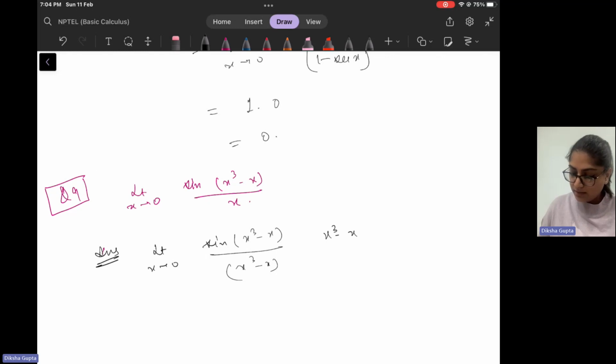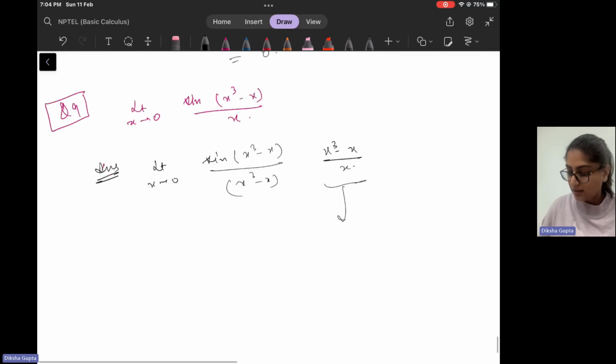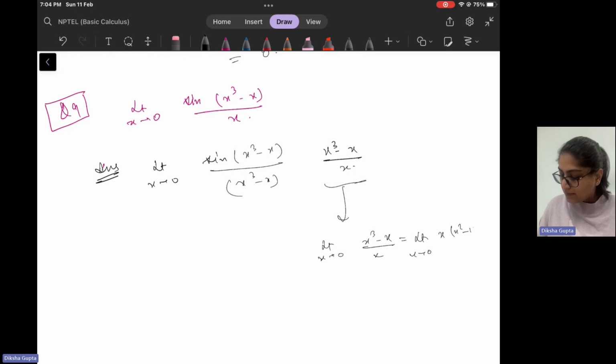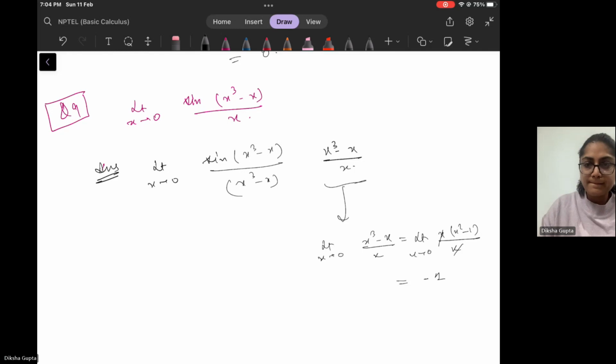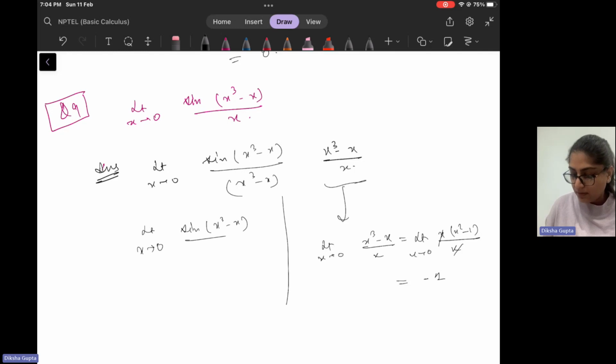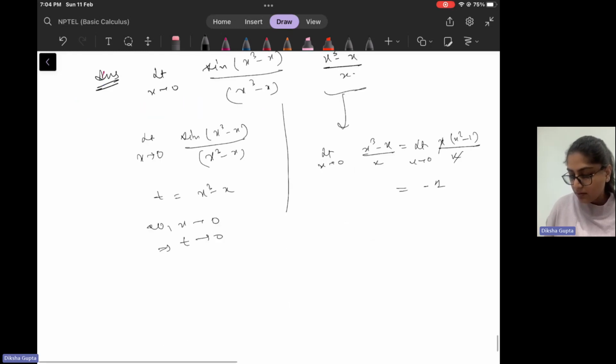So x cube minus x upon x. So firstly see that limit x tending to 0, x cube minus x upon x is limit x tending to 0, x square minus 1. This x got cancelled, so this is minus 1, right? And limit x tending to 0, sine of x cube minus x upon x cube minus x. If you put t equals x cube minus x, so x goes to 0 implies t goes to 0.